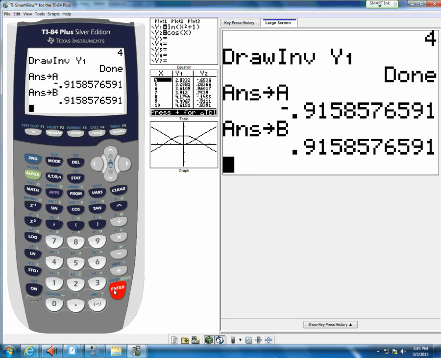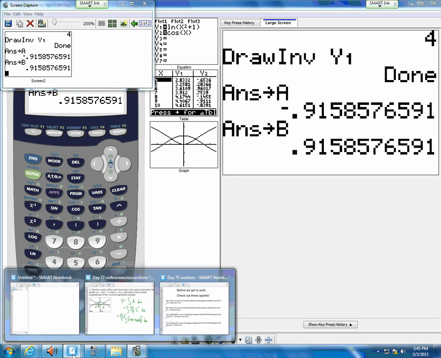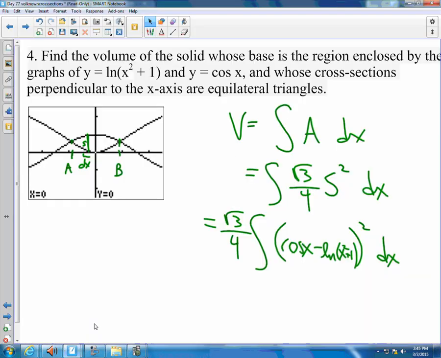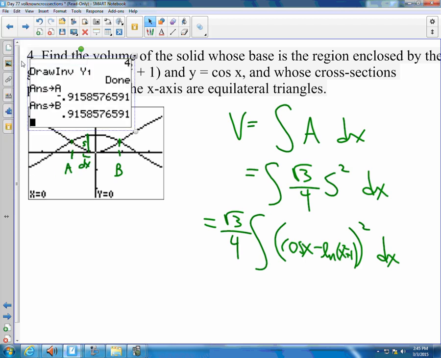And then I would jot down on my paper, in fact, let me just go ahead and copy this little screen, tools, screenshot, and then copy, back to our work. Okay.